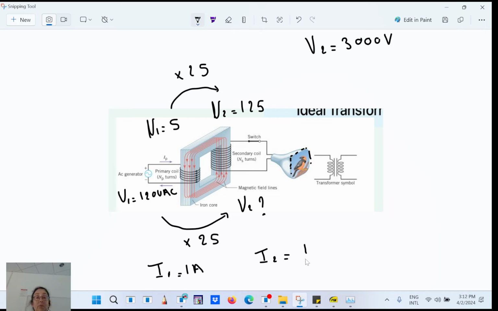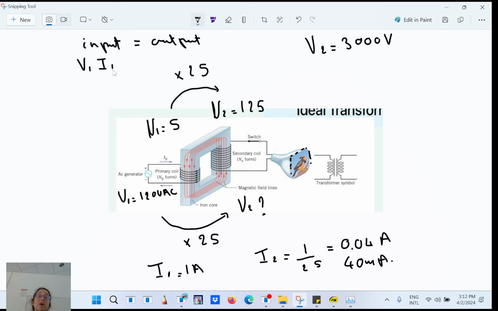You divide, so it's going to be 1 divided by 25, and you get 0.04 amps. So 40 milliamps. We're going to see why in the next example, because the energy input has to be equal to energy output. So V1 I1 has to be equal to V2 I2.